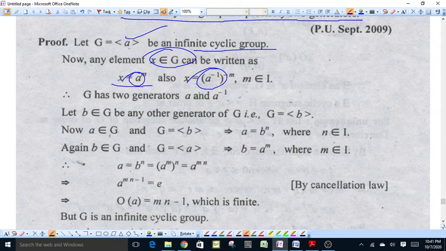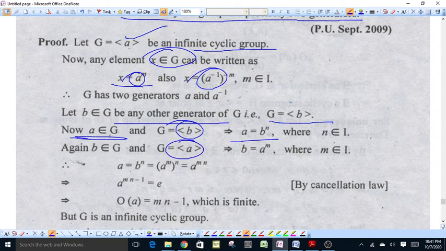Let b be any other generator of G, such that G is generated by b. Now a belongs to G and b is a generator of G, therefore a is equal to b raised to power n. Also a is a generator of G and b is an element of G, therefore b is equal to a raised to power m.